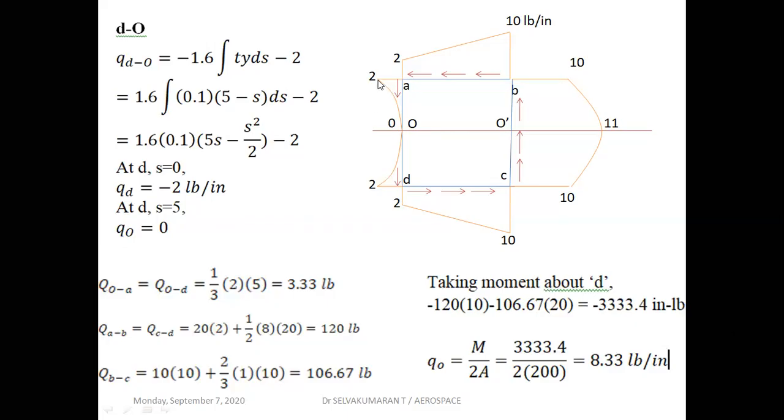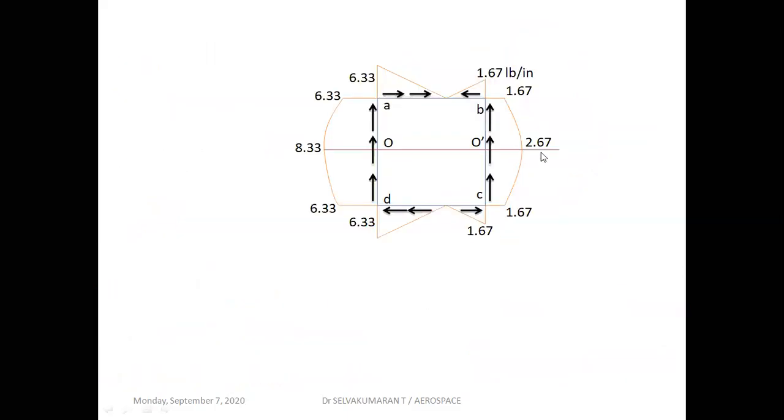Here I'm getting minus 2, so minus 2 plus 8.33 is plus 6.33, plus 6.33, plus 6.33. Here minus 10 plus 8.33 means minus 1.67. Here also minus 1.67. Here minus 11 plus 8.33 gives minus 2.67, like that. So you can see here, this is the final shear flow distribution for a given closed section. Thank you.